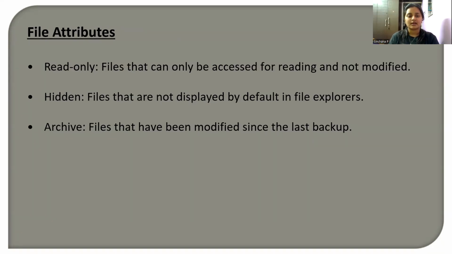File attributes: read only, files that can only be accessed for reading and not modified. Hidden, files that are not displayed by default in File Explorer. Archive, files that have been modified since the last backup.